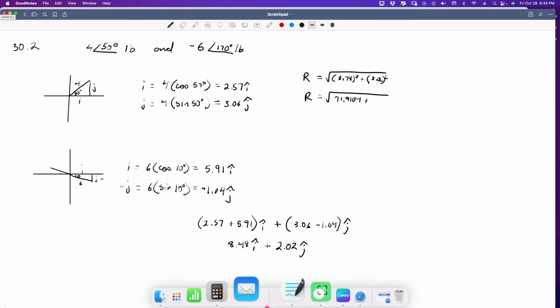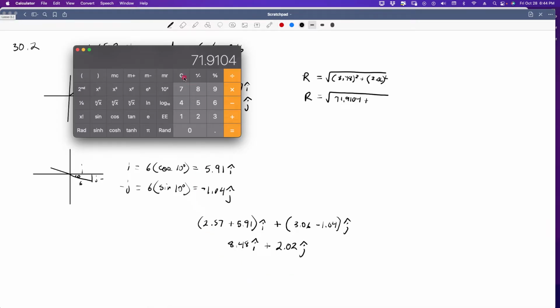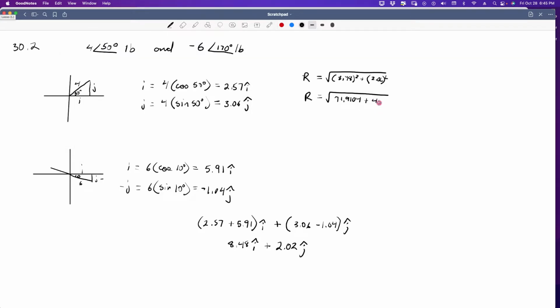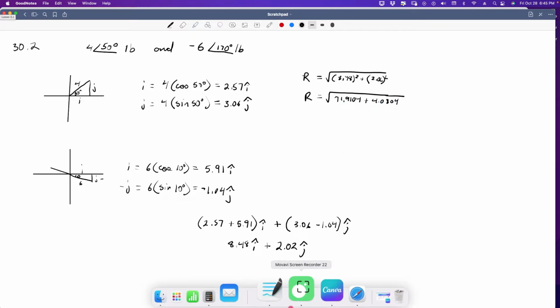Plus 2.02 squared is 4.0804. All right, we're going to add those together and get the square root of that.